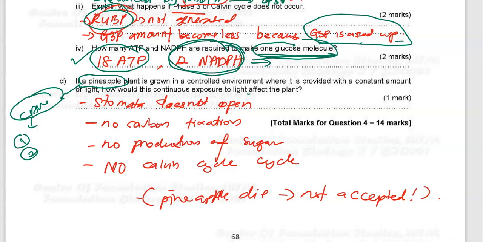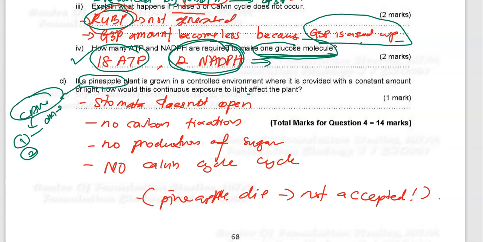During night time, the first carbon fixation occurs because the stomata open, carbon dioxide can enter into the leaf, and the carbon dioxide can be fixed, producing oxaloacetate.